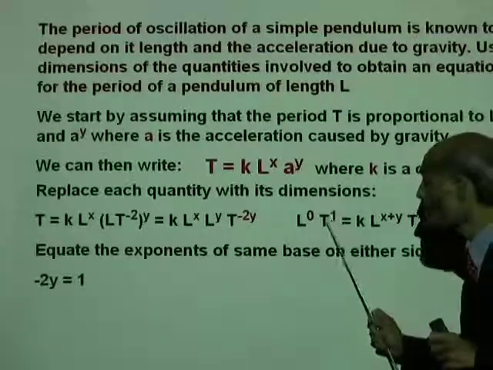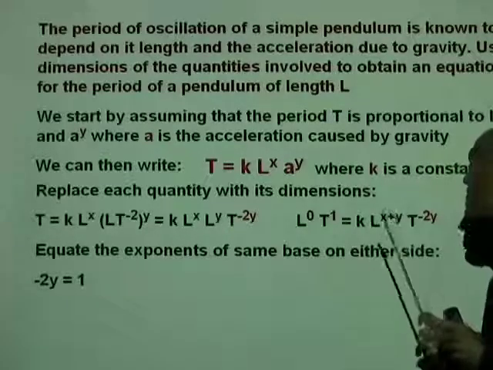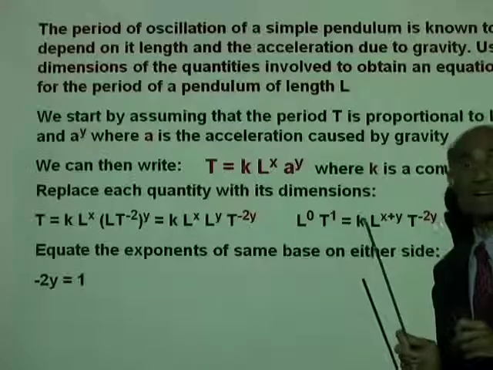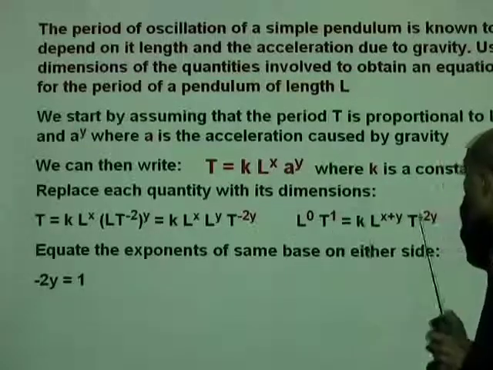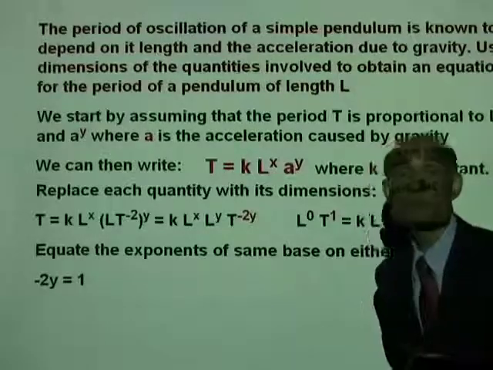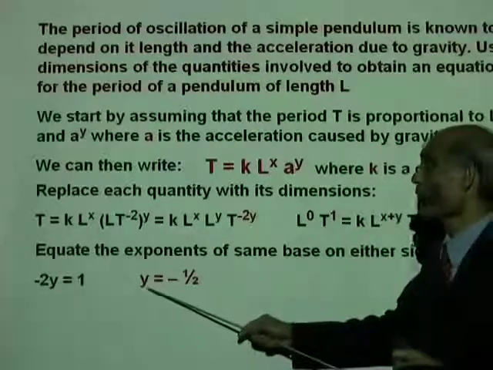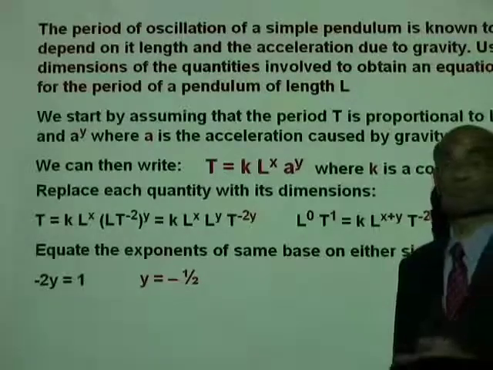The exponent of T on the left side must be equal to the exponent of T on the right side. So, I start by saying 1 equal to negative 2Y, and that gives me the value of Y. Y equal to negative 1/2.